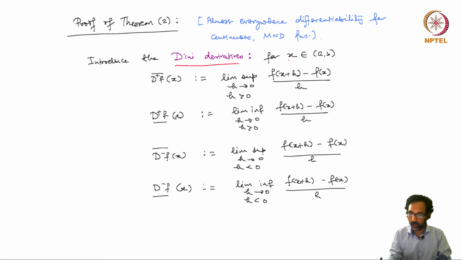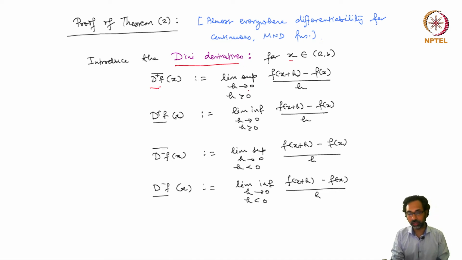If you take a point x, an interior point in (a,b), then the first one, D plus f upper bar, is equal to the lim sup as h tends to 0 of this expression, f(x plus h) minus f(x) over h, that appears in the definition of a derivative.